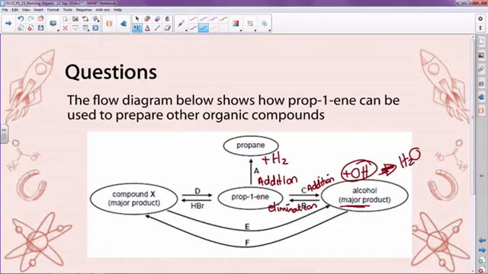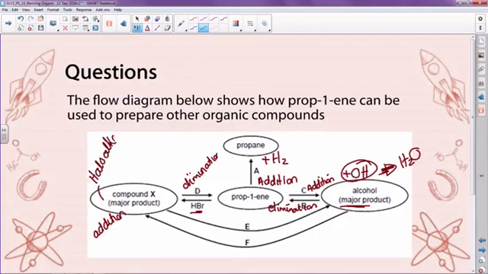Then over here, we add HBr to it. That's obviously going to be an addition reaction again. To go back to prop-1-ene, it has to be elimination again, and we're going to break the double bond. This is going to make a haloalkane.